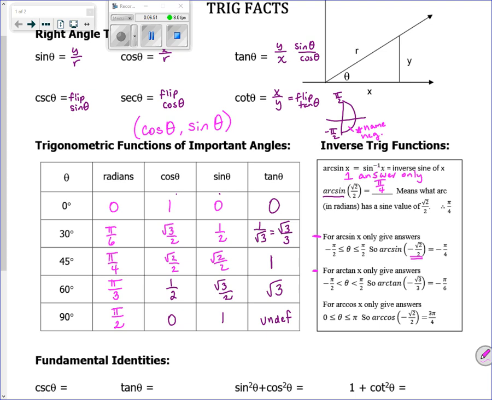So notice if I say arc tangent of negative square root 3 over 3, well, that's the pi over 6's. Who has a tangent of square root 3 over 3? It's the pi over 6's. But you're down in quadrant 4, so you have to name it as negative pi over 6. So this is for arc sine and arc tangent.